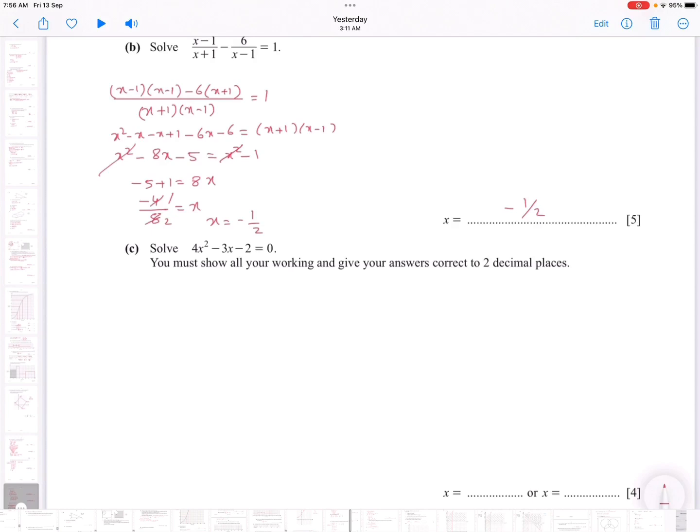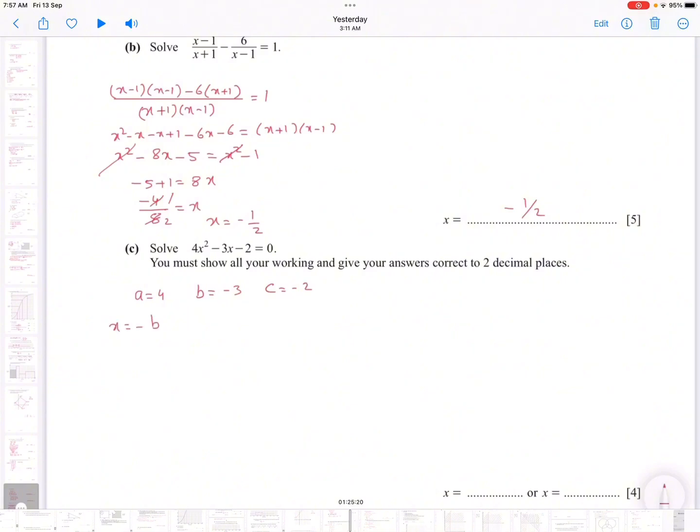Solve 4x squared minus 3x minus 2, giving your answer correct to 2 decimal places. It clearly shows that the examiner wants us to use the quadratic formula. So a is 4, b is negative 3, c is negative 2.